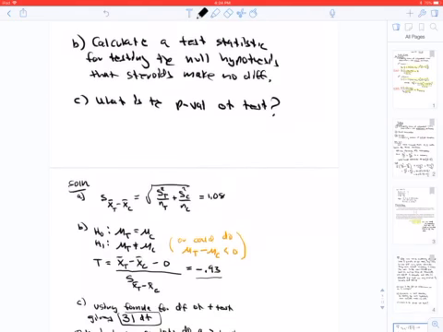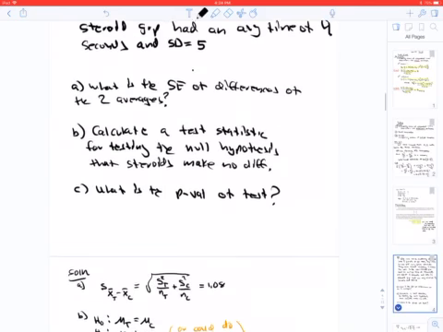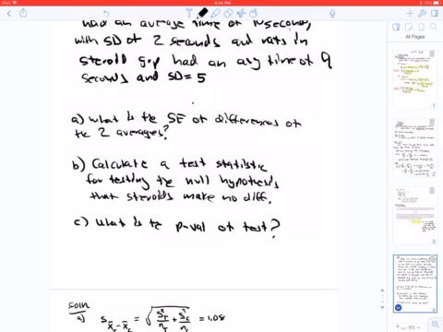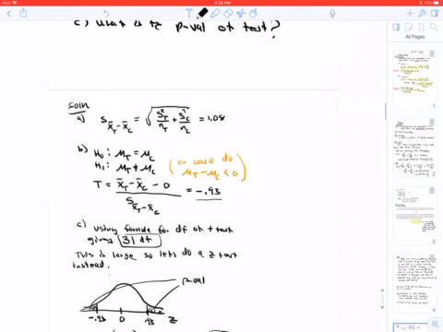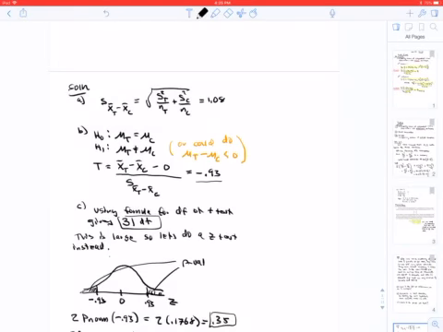So what's the SE of the difference of the two averages? That's just following the formula that we just derived. We calculate the test statistic, testing the null hypothesis that the steroids make no difference.